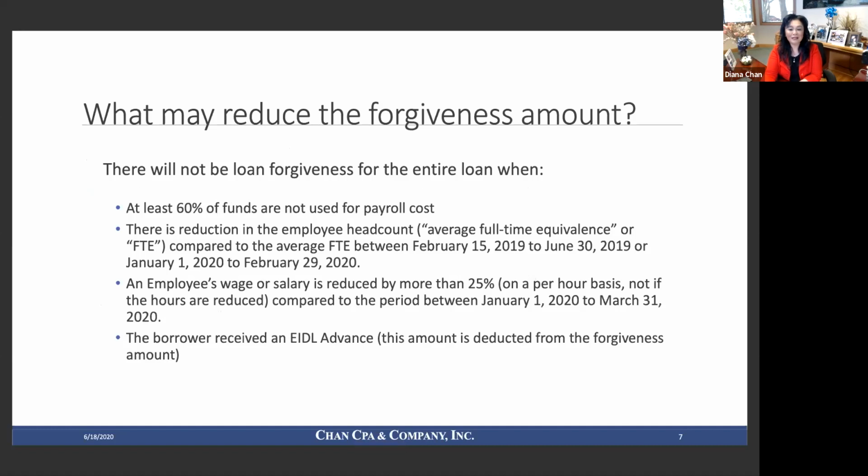So here are some things I needed you to know in regards to what would reduce the forgiveness amount. Well, quite simply, number one is if you don't meet the percentage criteria, meaning you don't meet the payroll percentage criteria of 60%, or you exceed the 40% maximum utilization for rent. That would reduce the forgiveness amount.